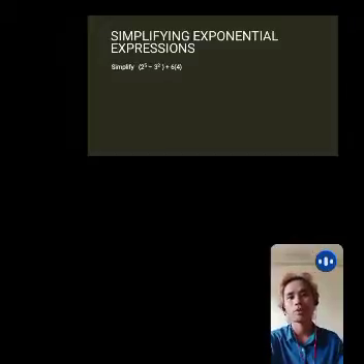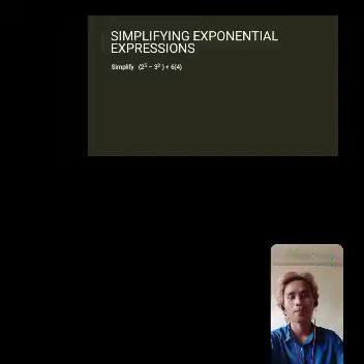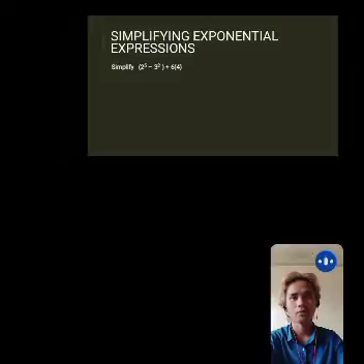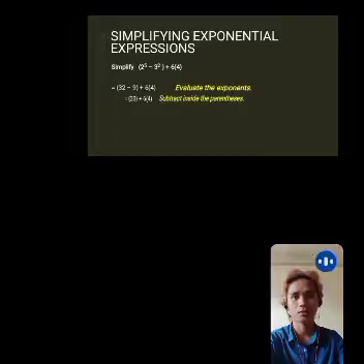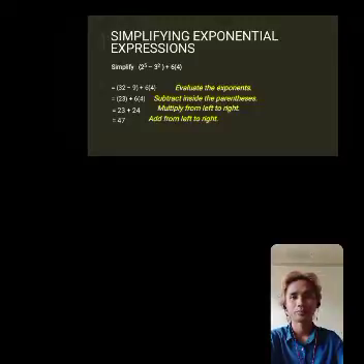Simplifying exponential expressions. So we are going to simplify 2 raised to the power of 5 minus 3 raised to 2 plus 6 times 4. If you want, you can take screenshots of this example so that you can have a reference.